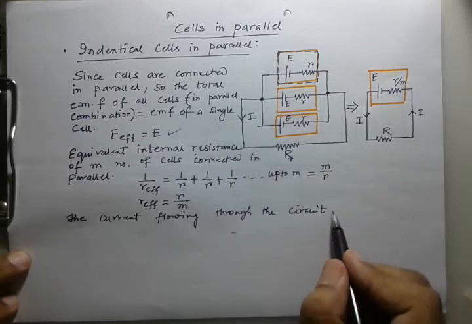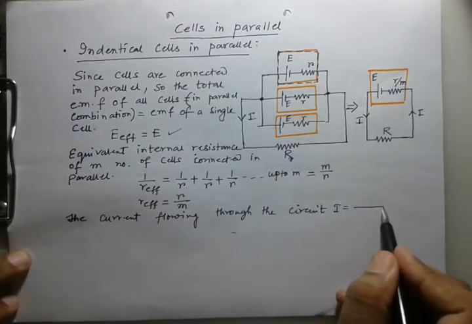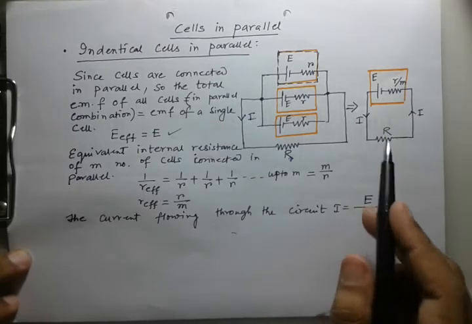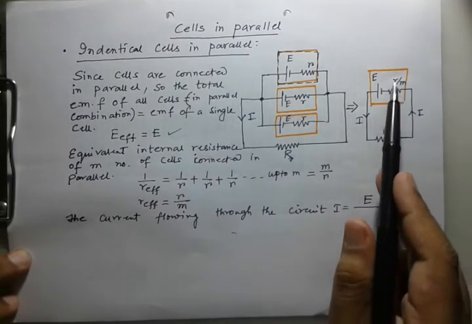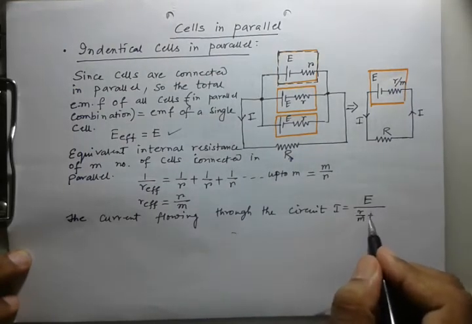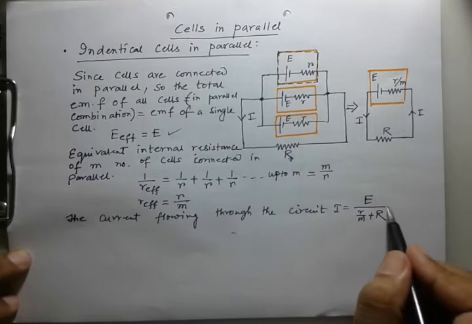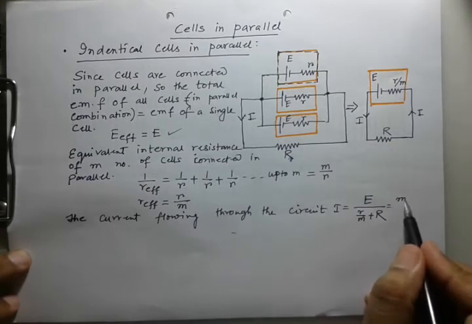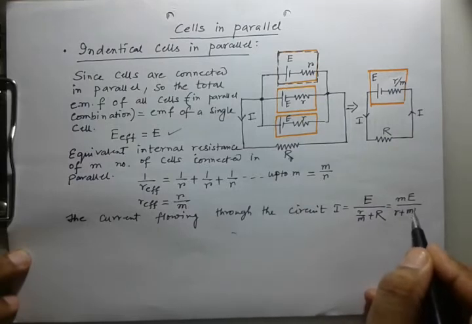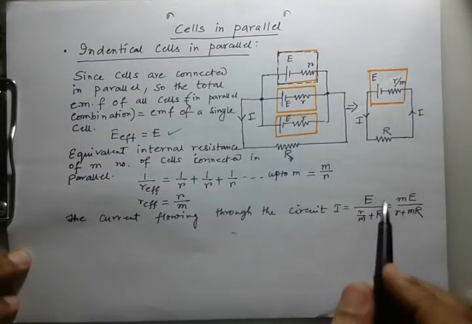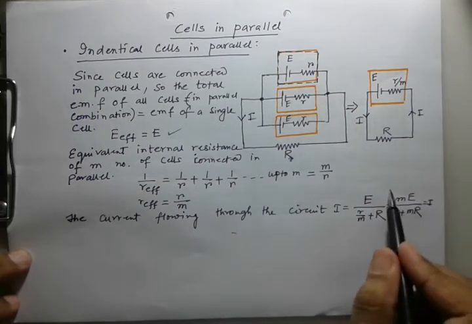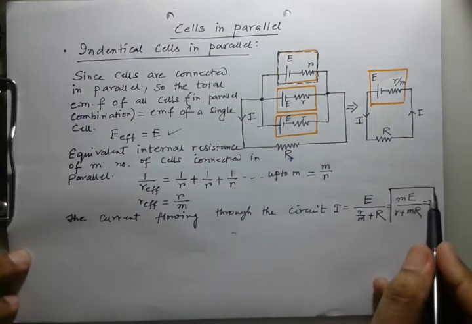It will be I equal to the total EMF, which is E, divided by the total resistance. What is the total resistance? r by m plus capital R. So you calculate this one and you will get mE by R plus mr. So this is I. Remember this formula. I is equal to this one.